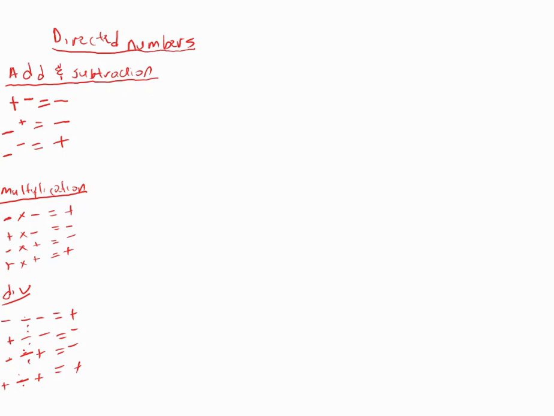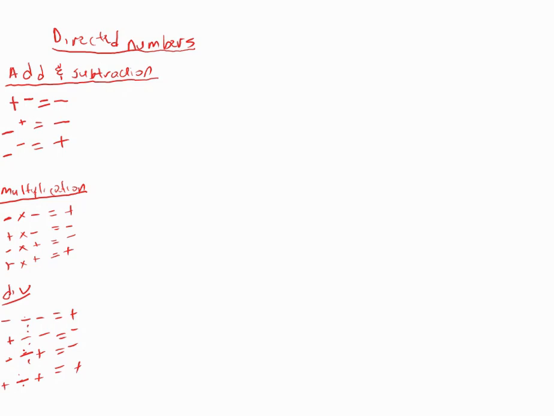And I also want you to be aware that when it comes to multiplication and division, when we multiply, you see here we have negative times negative, they give positive.